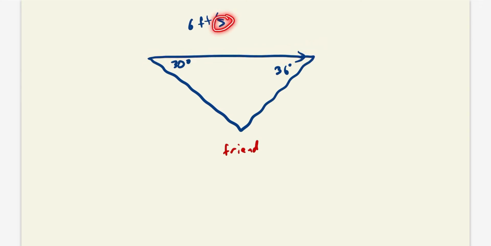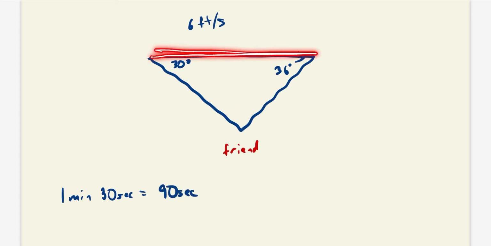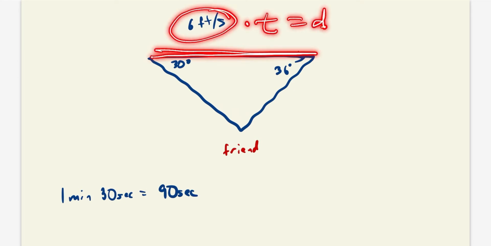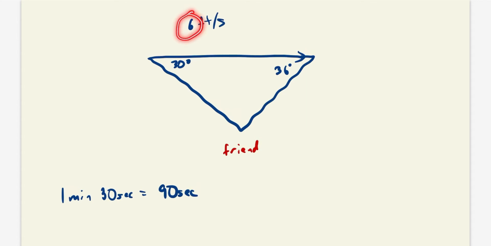As you can see, the units are in seconds, so a minute and a half is equal to 90 seconds. So to get the distance, we need the distance. The rate times the time equals the distance. So the time is 90 seconds, so you have to multiply 6 times 90 to get the distance.